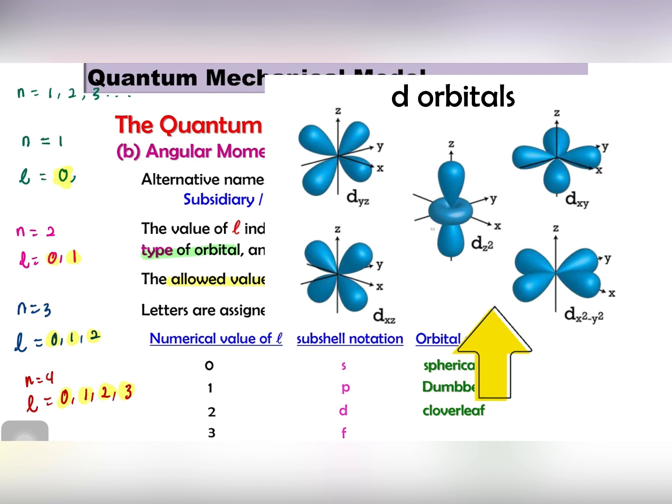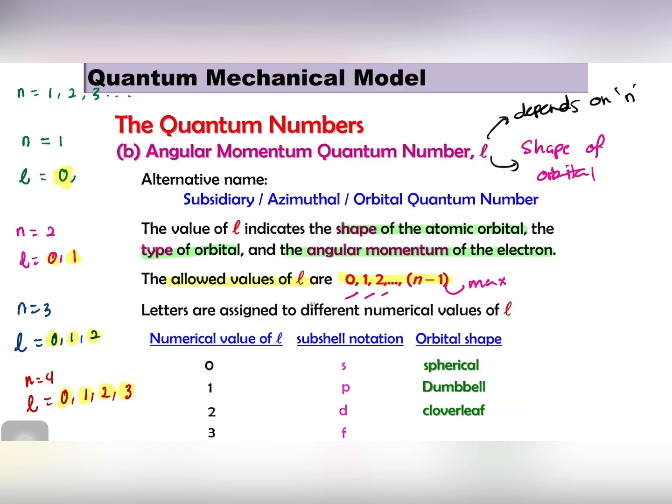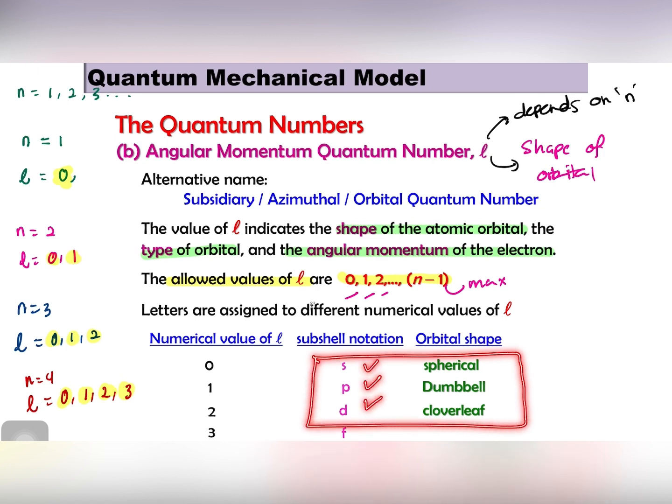For the F orbital, the shape varies, so there is no specific orbital shape. And in your syllabus you will only focus on these 3 orbitals: S, P, D.